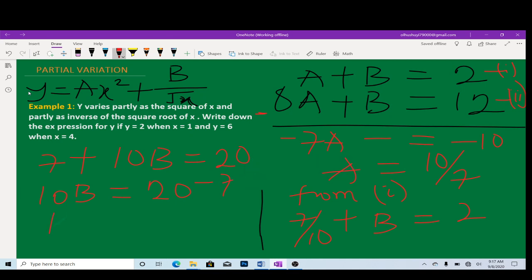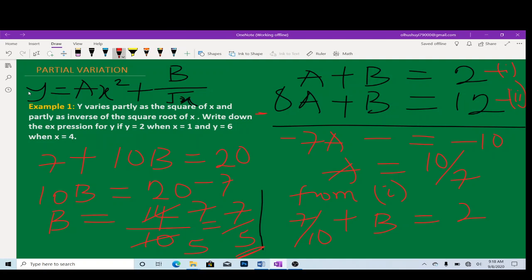So b can be equal to 14 divided by 10. We can break this down, 2 here 5, 2 here 7, and that means 7 over 5. That is the value of our b. So a is 10 upon 7, b is 7 upon 5.